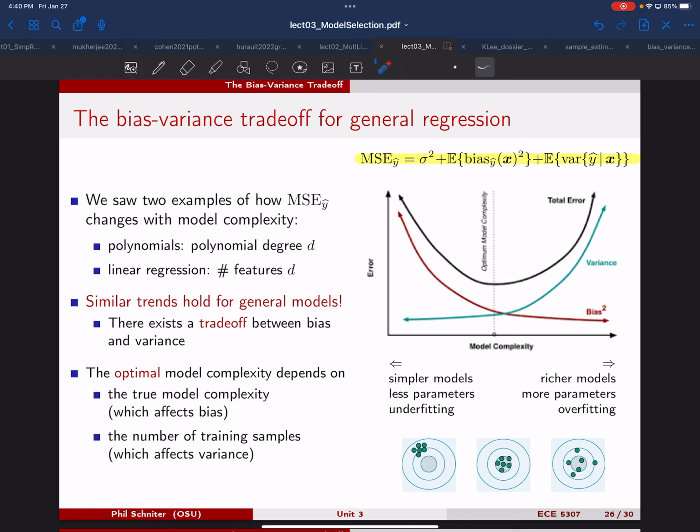If your model is too complex, bias is great, but variance will kill you. You want to be in the middle where you have some good trade-off between those two components of your mean squared error, and that will give you the lowest mean squared error. Okay, so this is just sort of a general trend that we're going to see a lot of as we go through the course. All right, any questions on this?